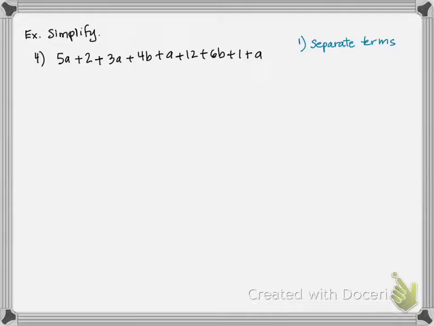The things that are on either side of it, those are your terms. So that's the first thing you're going to do. Then you're going to rearrange them using the commutative property, that's changing order, and we're going to group the like terms. Okay, and then you're going to simplify each group.